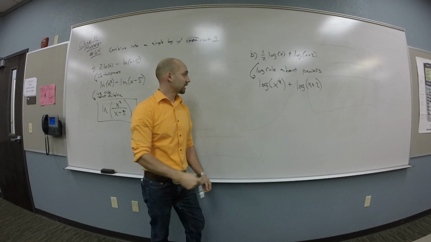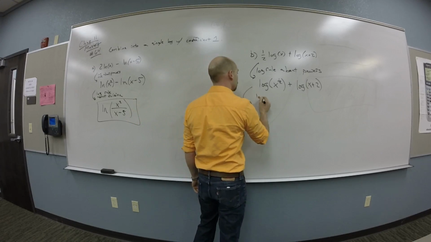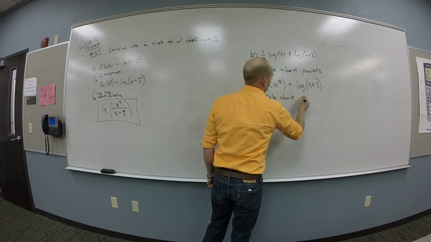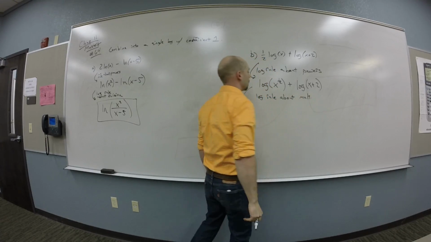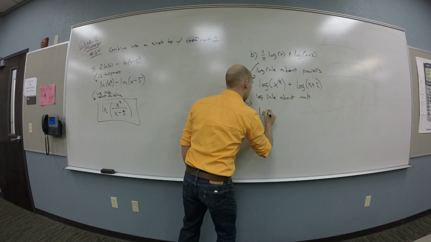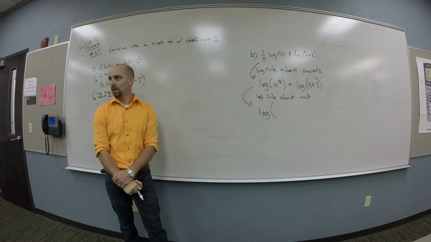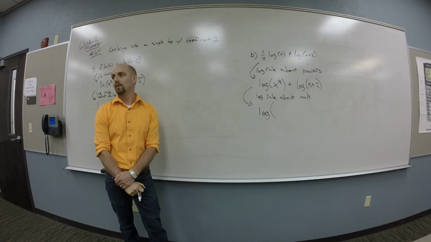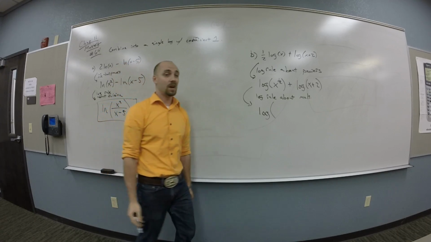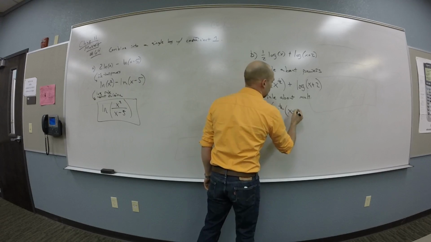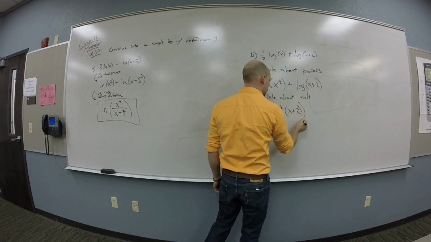Multiply them. Yeah, this is the log rule about multiplication. That gives me log of x to the 1/2 power times all of x plus 2, right?